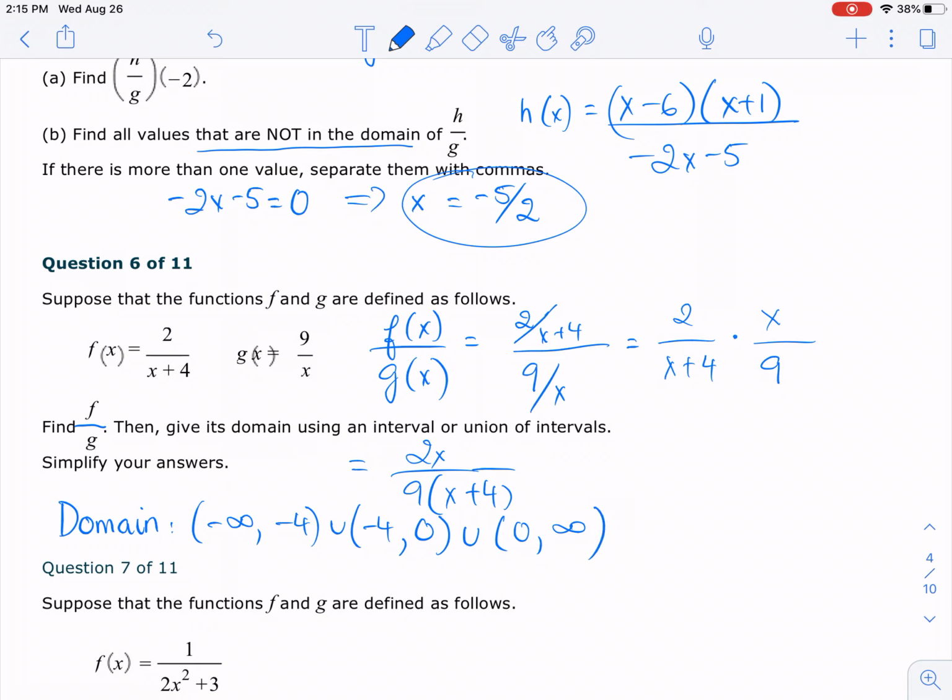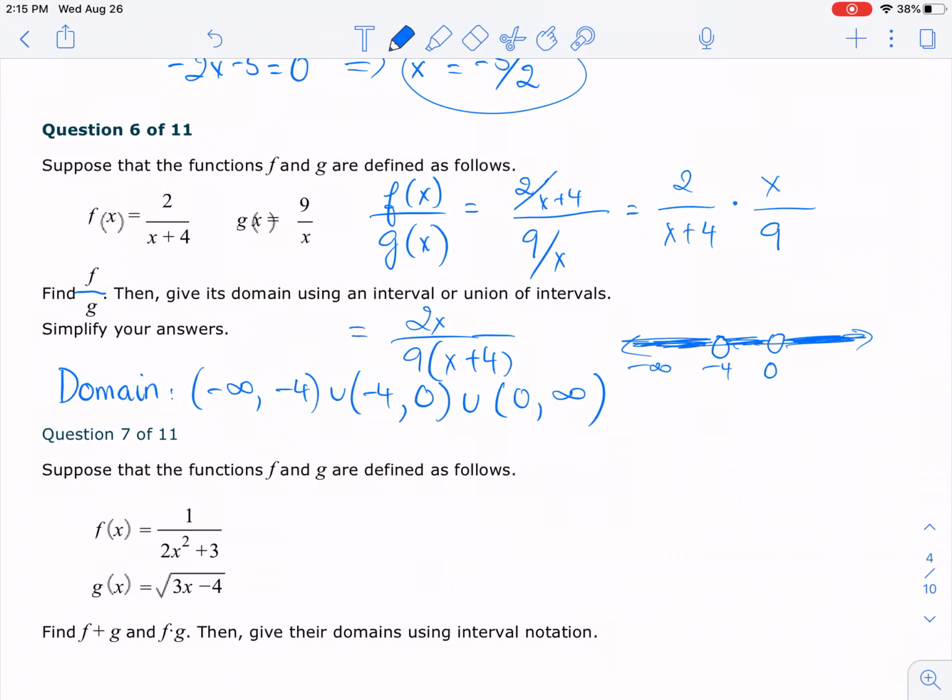Okay, so if I want to graph, it would be from negative infinity, but then at -4 we have to keep it open. So we have two holes at -4 and at 0. So we include everything but -4 and 0.